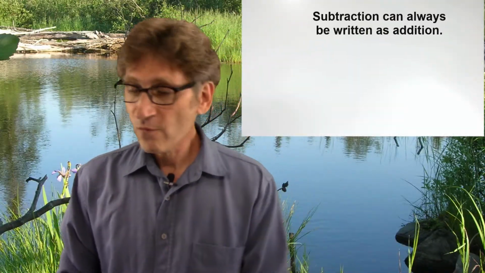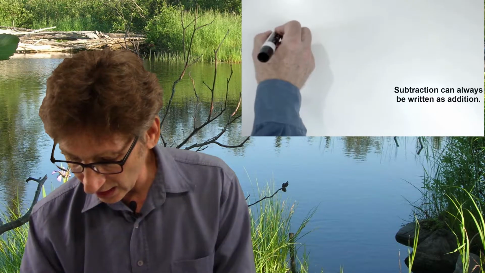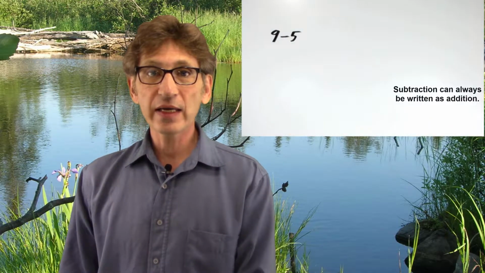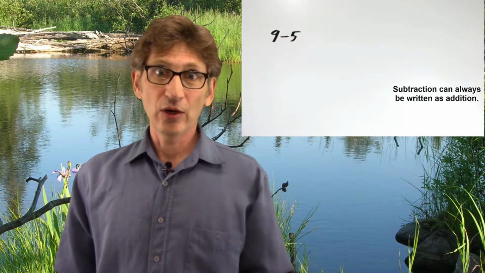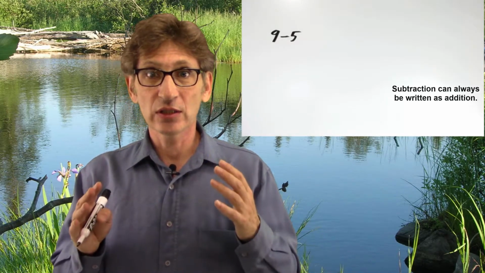That is our secret trick to subtracting negative numbers. Let's take a look at a simple example. Let's start with something that's fairly straightforward, and I'm pretty sure you could do this anytime without this lesson. 9 minus 5. We all know it's 4, but let's turn subtraction into addition.